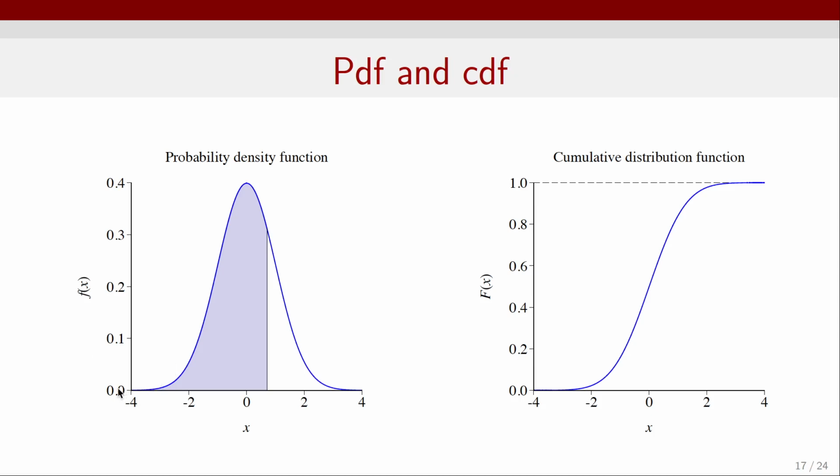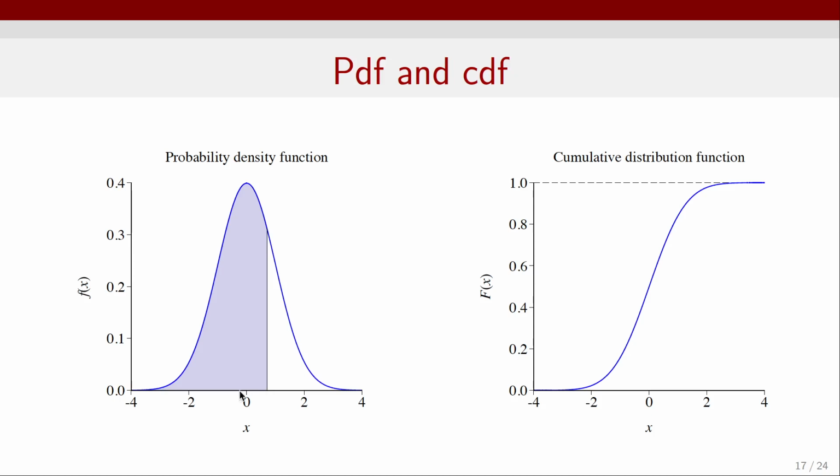So for example, here is an example of a probability density function. It could be a Gaussian or another similar distribution. The total area here has to be 1, so that the total probability is 1. And then let's suppose I want to calculate the probability of finding a random variable between the left tail of the distribution and up to some point x here.